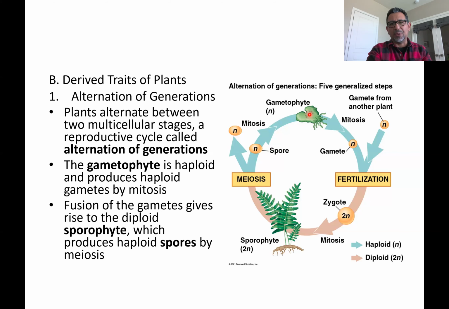So if you have a haploid organism and you want to produce haploid sex cells, the type of division that is going to be needed is mitosis. All right, so this may take a little bit of time for you, looking at this illustration, thinking about the types of division and why we see in the case of plants mitosis as the mechanism by which sex cells will be made. Now remember, with humans, we are different. We make our sex cells by the process of meiosis.